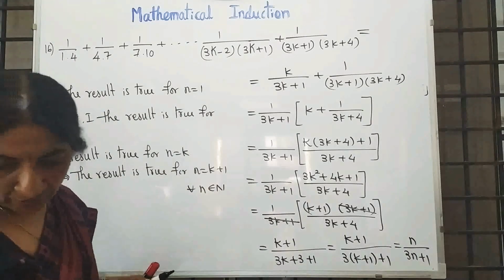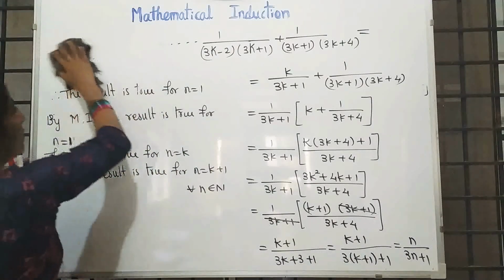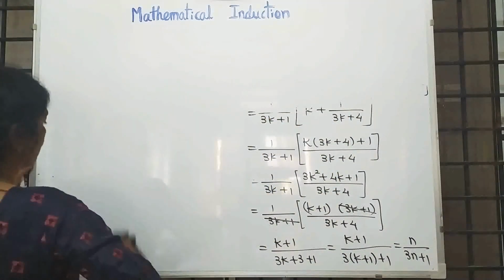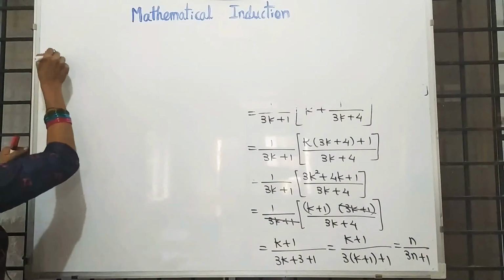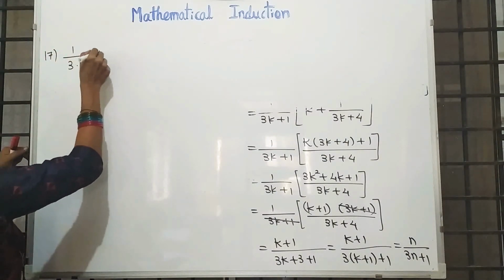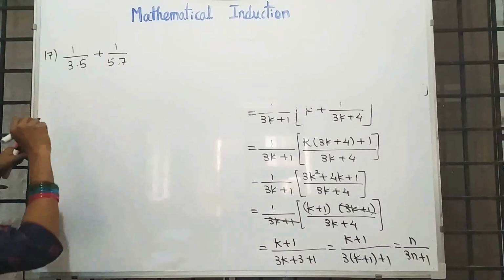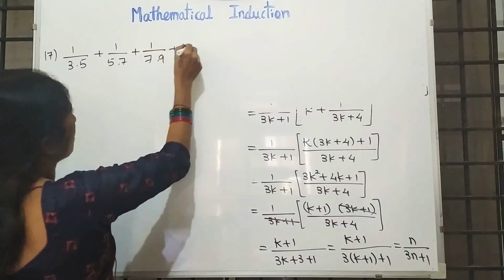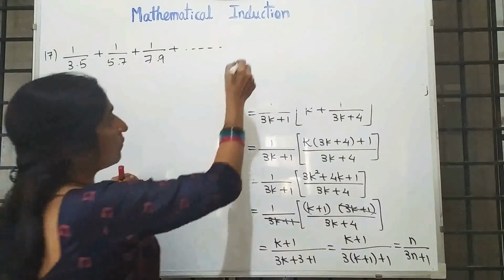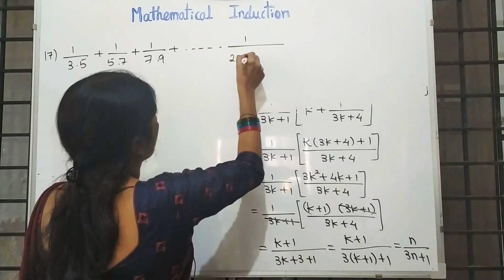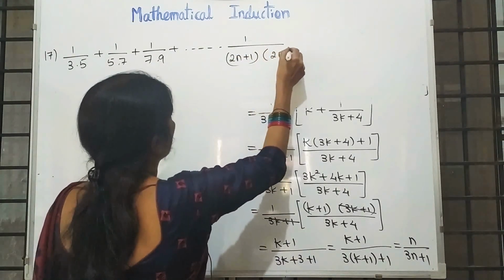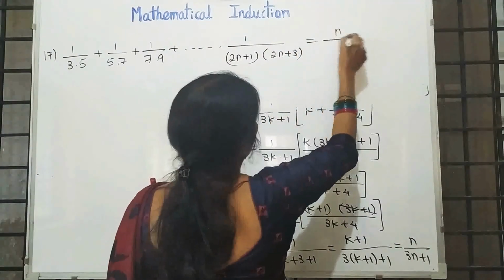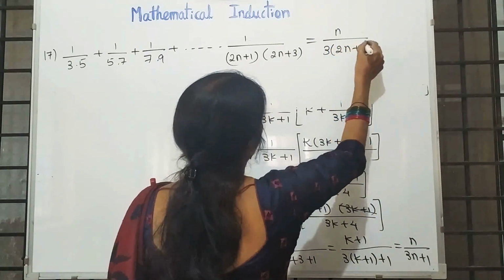One question I will give you as homework, the 17th question: 1/(3·5) + 1/(5·7) + 1/(7·9) and so on up to 1/((2n+1)(2n+3)) is equal to n/(3(2n+3)).